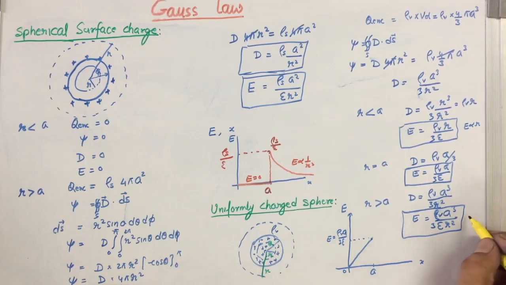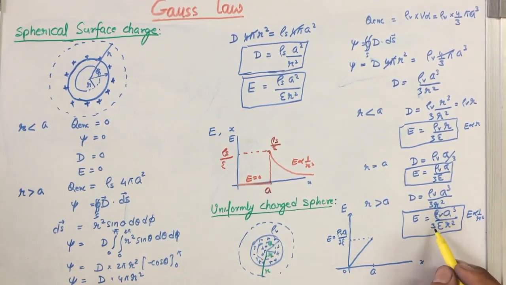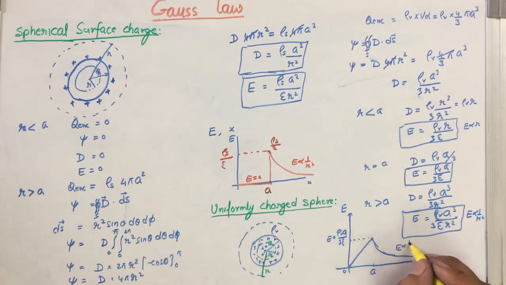As we move away from the surface, E is proportional to 1 by r square. See here, this is constant. So outside of this, E is proportional to 1 by r square.